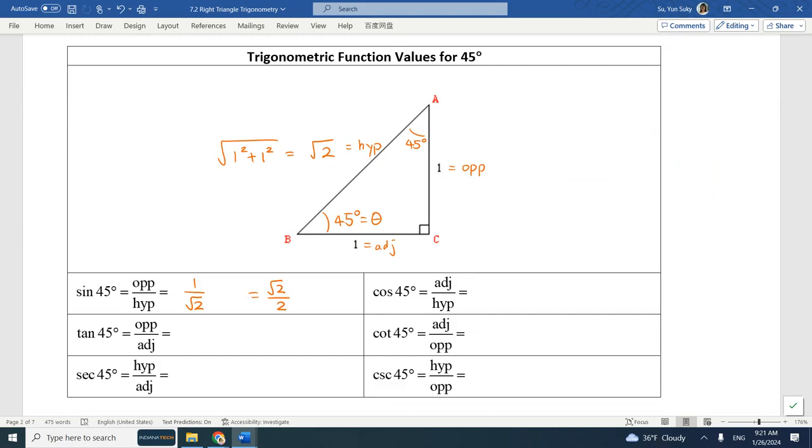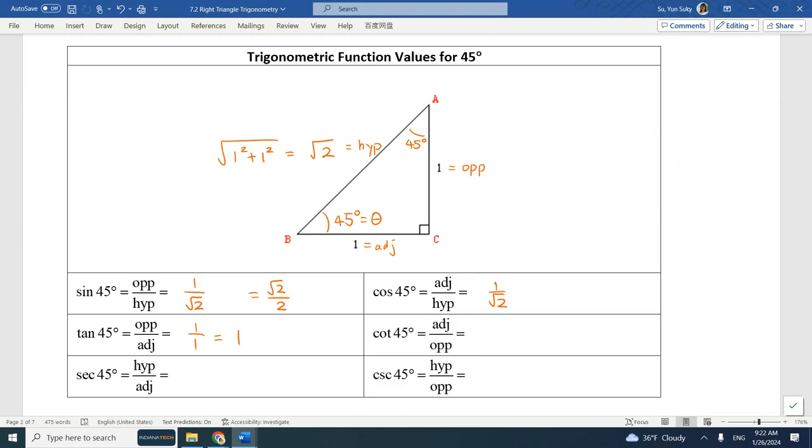Next student. What is cosine 45 degrees? 1 over root 2. Yes, also 1 over root 2. Next student. What is tangent 45 degrees? 1 over 1. So that is 1. Good. Next student. Cotangent 45 degrees.